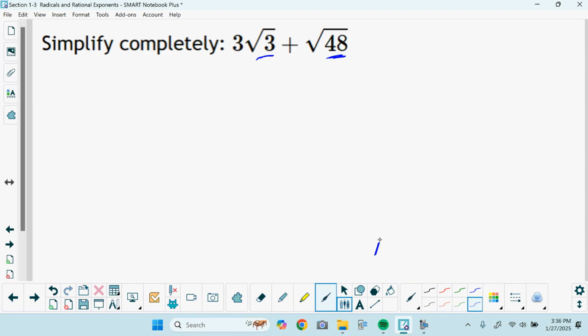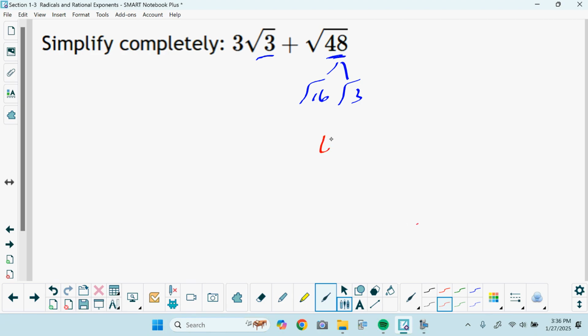And 3 is below 4, so I know that 3 cannot be simplified. So I've got to get a square root of 3 out of here in order to be able to add these. So 48 divided by 3 gives me 16, and you should see that 16 is a perfect square.